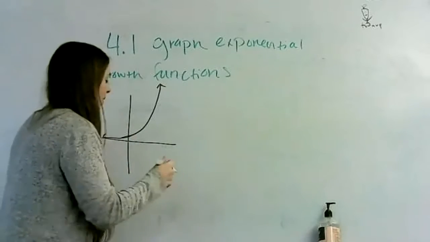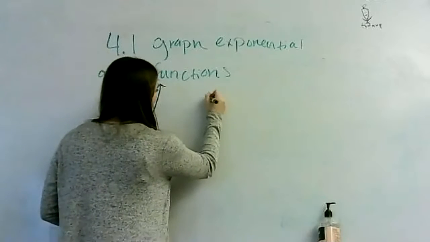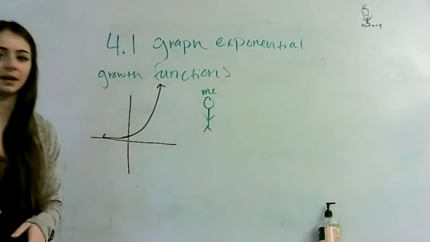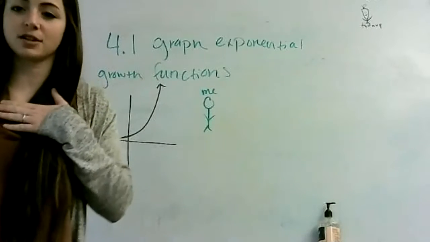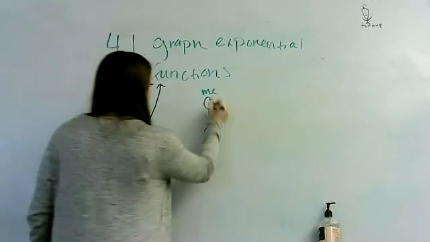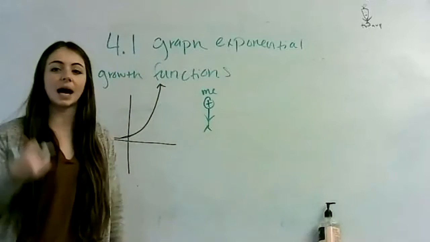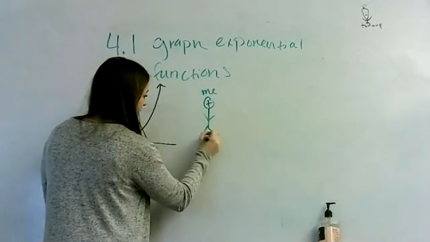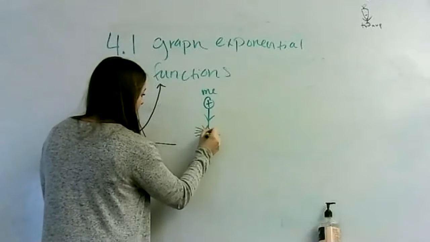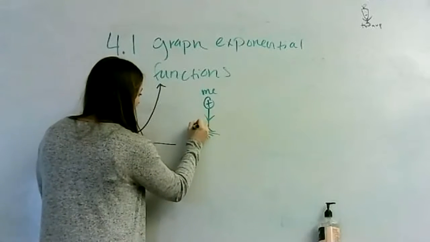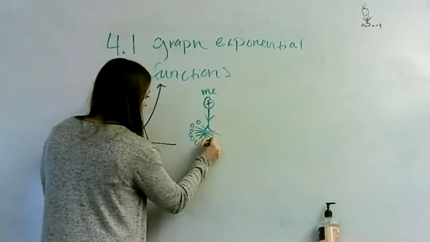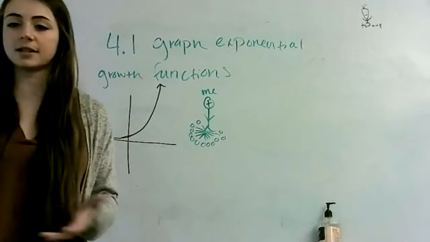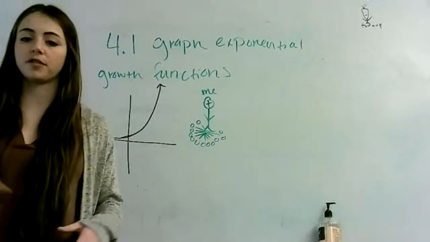So I like to talk about this with the coronavirus because let's say that this girl is me, and I contract coronavirus. So all of a sudden, I'm going to put a positive on my head because I become positive. Let's say I have 12 people that I have been in contact with, close contact, so within 6 feet for more than 15 minutes.